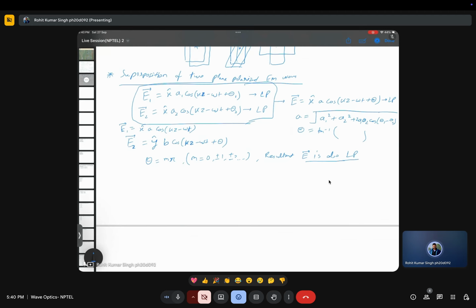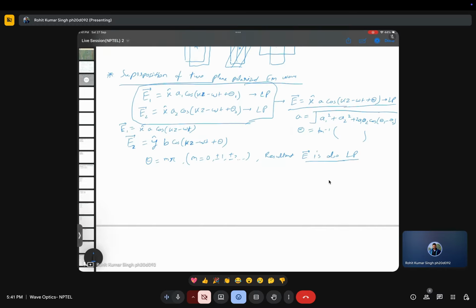Here in this case, the resultant wave is polarized in the same direction as the components, but here the polarization will be at an angle, like the resultant wave will be at an angle to x and y direction. So we can calculate that angle, and you can intuitively see how this happens.